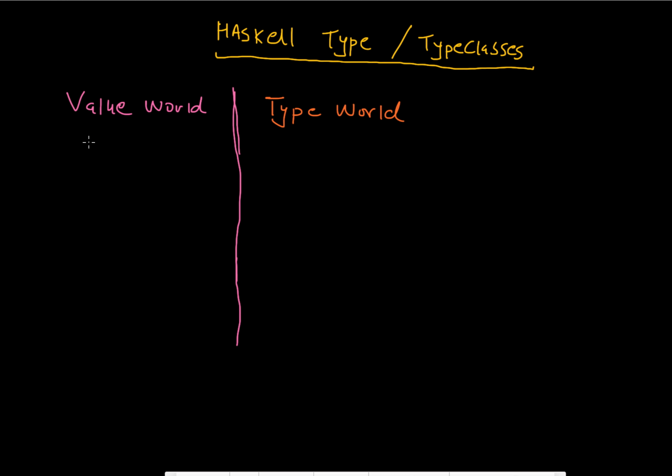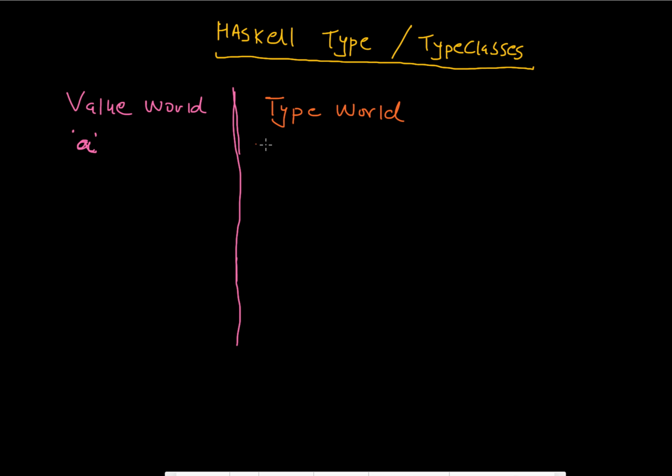Let's have a character 'A'. Because it's a character, I'm going to have these single quotations around my character A. This is some kind of a value, and the value is the character A, but the value has a label associated with it which tells it what type that value belongs under.